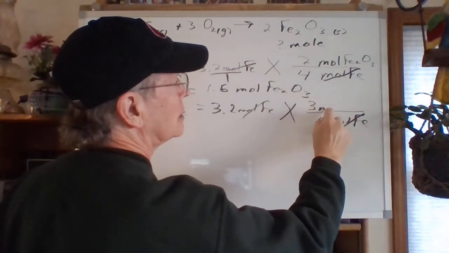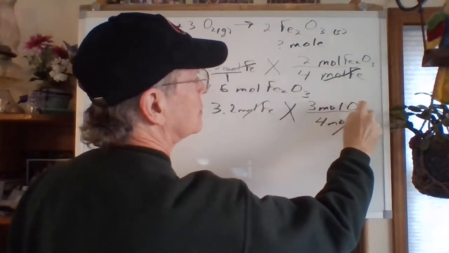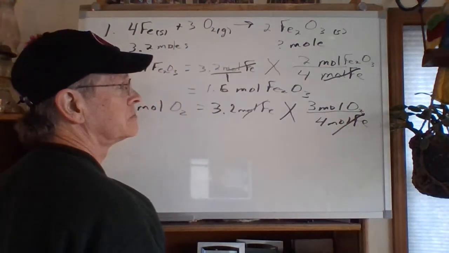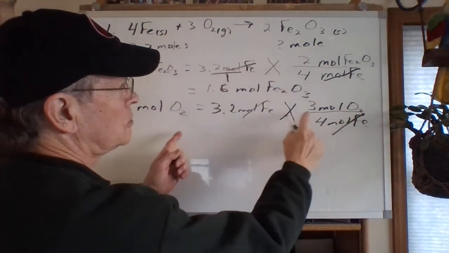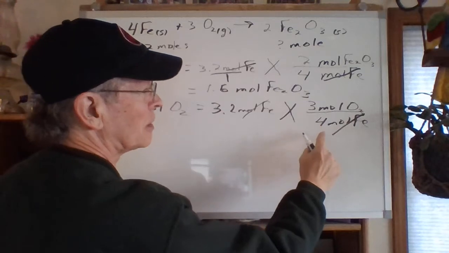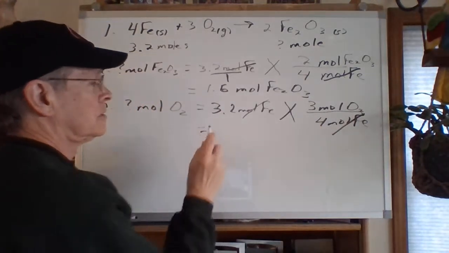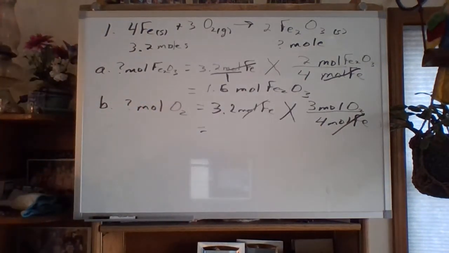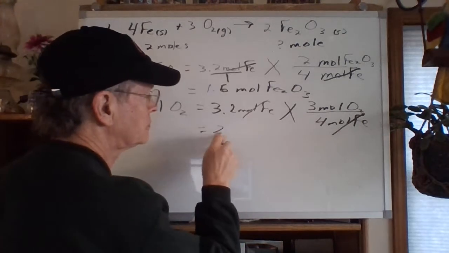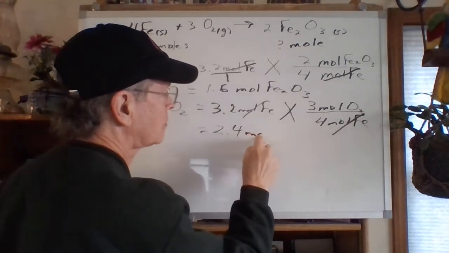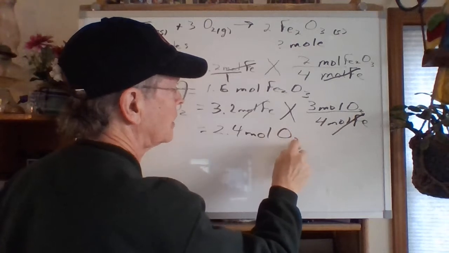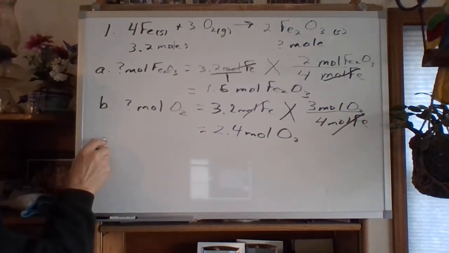It's 3 moles of oxygen. So we take 3.2 times 3, divide by 4, and what do we get? 2.4 moles of oxygen. C.